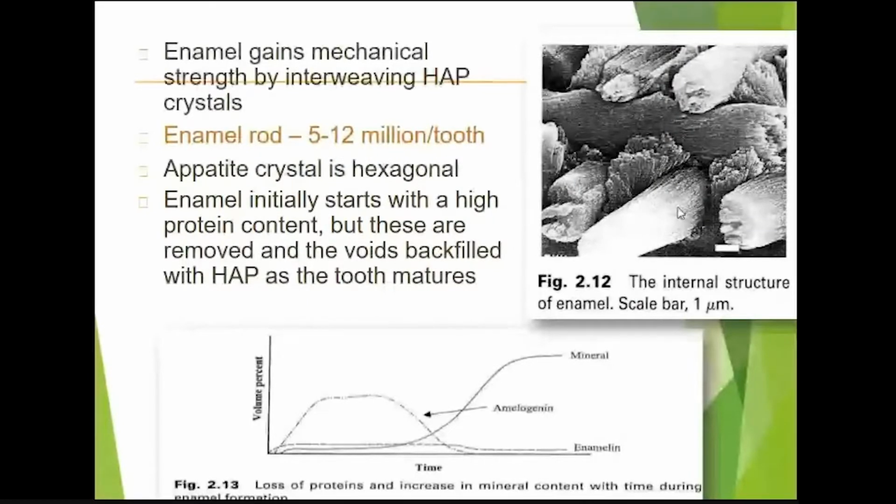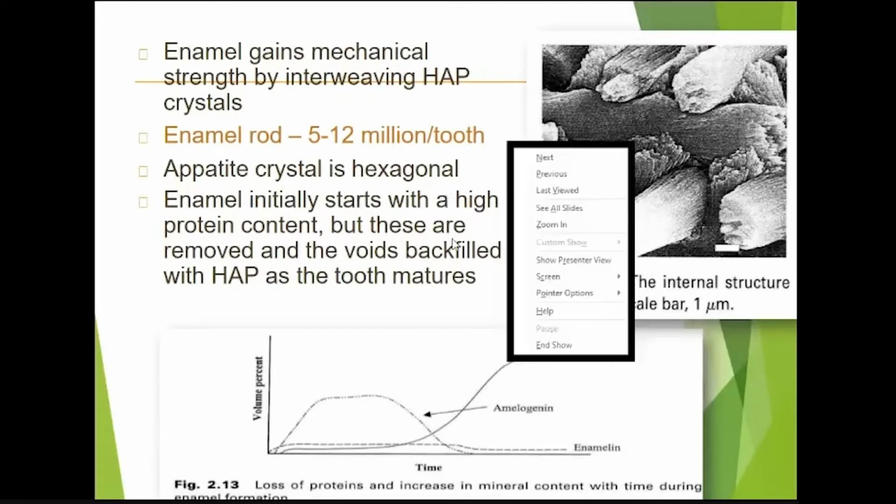Enamel rod, the number of the enamel rods is about 5 to 12 million per tooth. Apatite crystals are hexagonal, meaning they have six sides, let us call them.